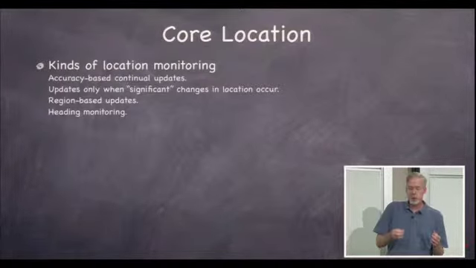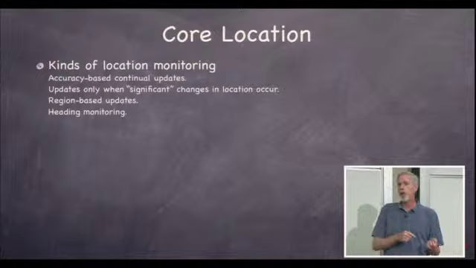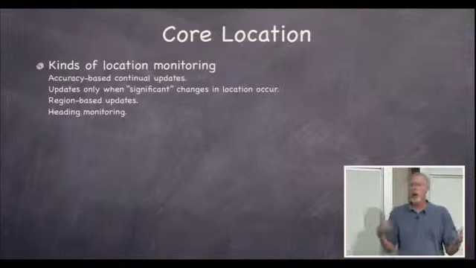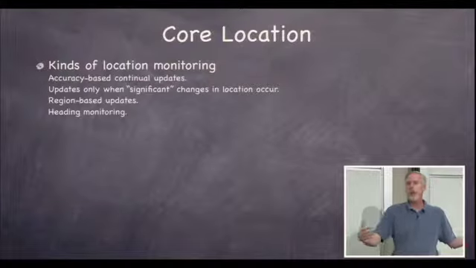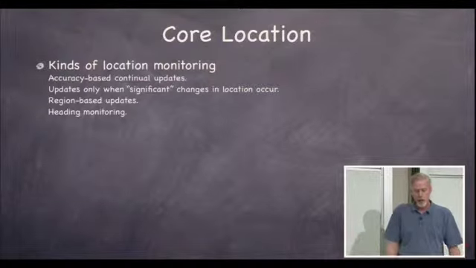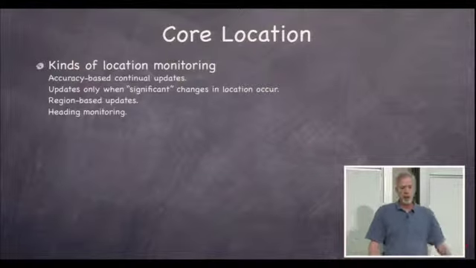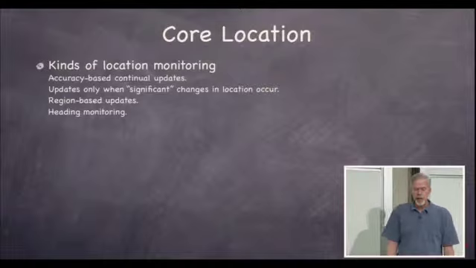All right, so what kinds of location-based monitoring are there? There's accuracy-based continual updates. That means you set the accuracy, and then it will continue to update you as the person moves around within that level of accuracy, right? So if the accuracy is low, then it's not going to update very often. You'd have to move pretty far, but if the accuracy is high, it might be updating you quite a bit. Then there's also updates only when significant changes occur.